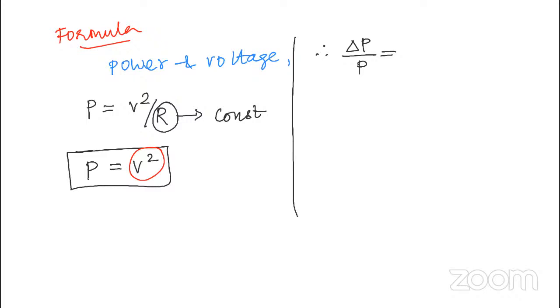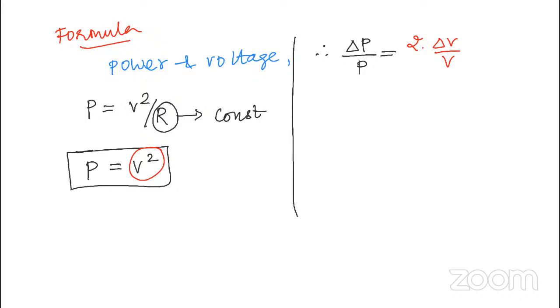So when we bring it to the front, it becomes 2 into delta V divided by V. Okay, in that problem they are asking the percentage value.